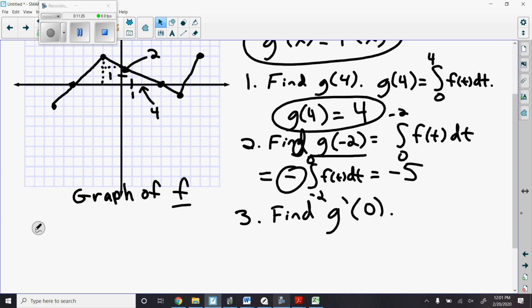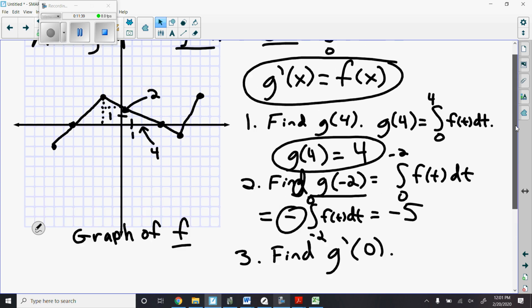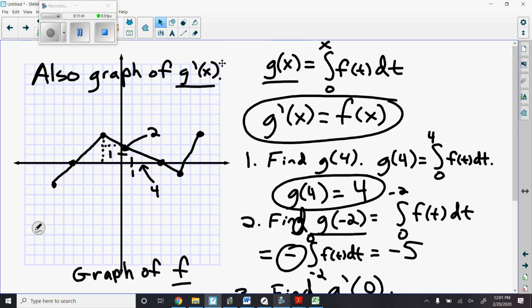So I'm not going to be doing my area under the curve like I did for just regular G. Again, it's not a question about F. It is a question about G prime. So when I go back and look, this is why we make this note. This is also a graph of G prime.